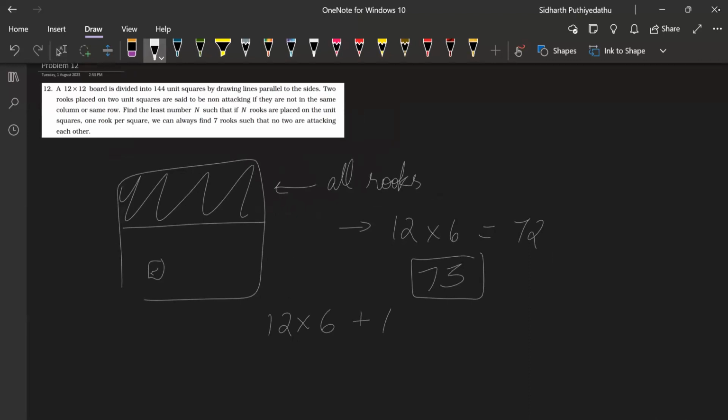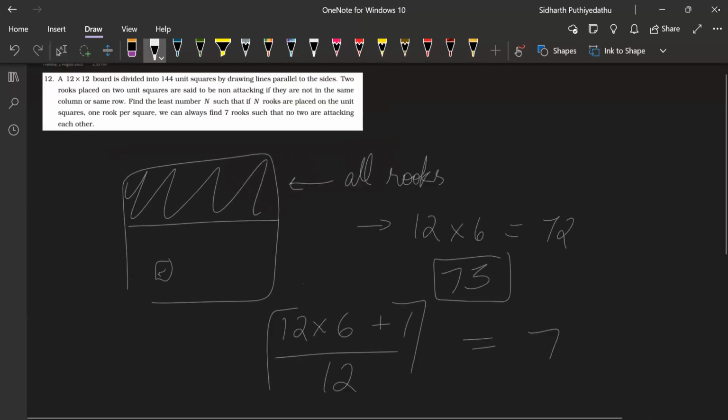We have 73 rooks, and we're trying to show that some 7 of them are pairwise non-attacking. And our main idea is that by the fact that 12 times 6 plus 1, some row has at least 7 rooks in it, right? Some row has at least 7. This is the PHP that we were building up to, the natural thing from 12 times 6 plus 1.